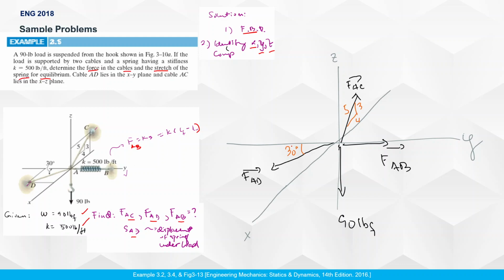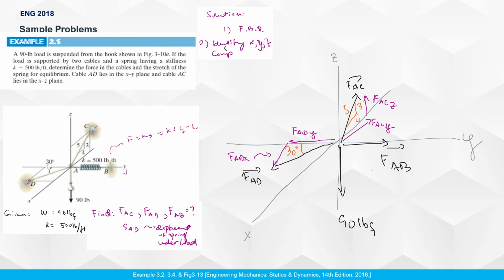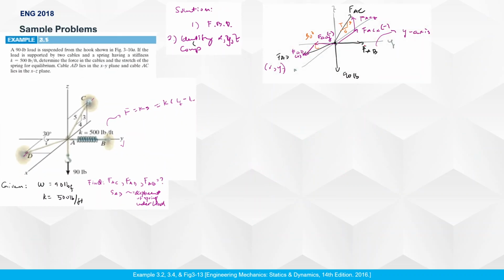In this case, this is projected 30 degrees from the negative y-axis. This one, FAC, has its slope triangle, 5, 3, and 4. And then from here, you reflect the XYZ axis, just like so. You notice here, hindi ko na dinagdag kasi FAB just lies along this is FABY. And this 90-pound force lang naman. That's understood. So you just put it there lang muna.